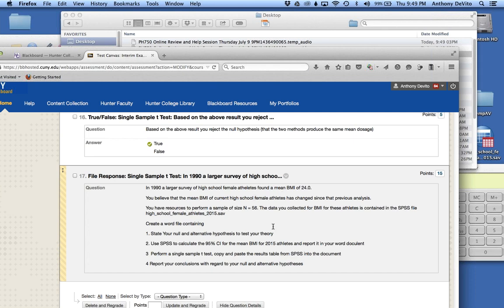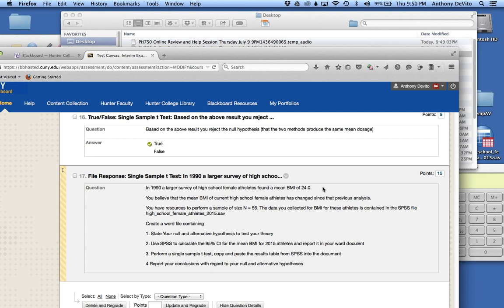And since we now want to compare them to female athletes in the year 2015, maybe we don't have resources to survey every one of them. We only have the resources to survey a random sample of 56. And now we're dealing with a sample versus a known mean, x bar minus mu, for our t-test.